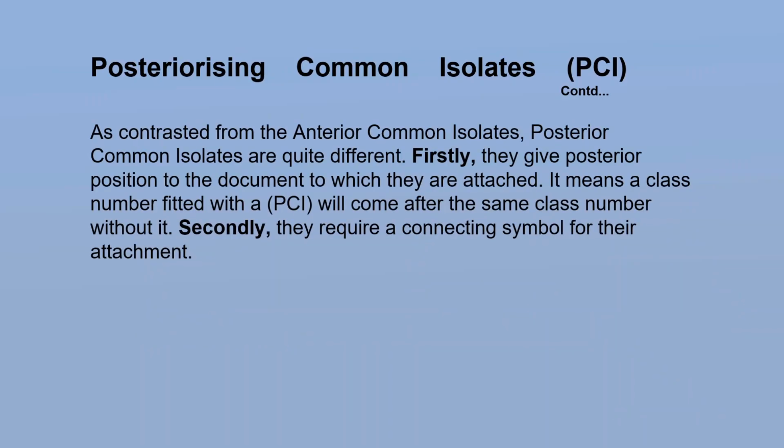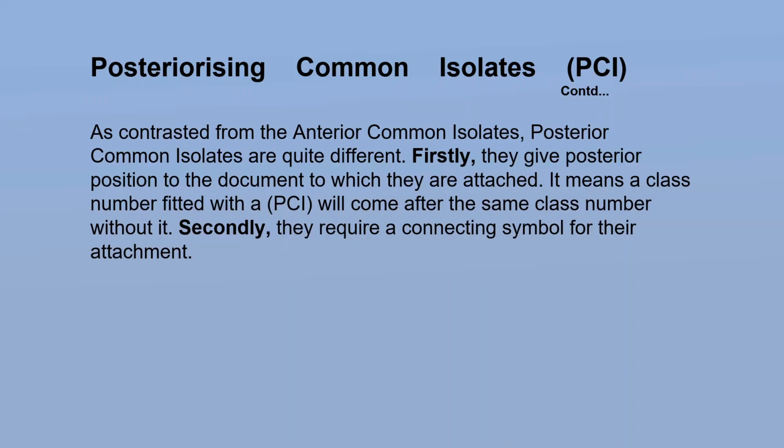Now we move on to posteriorizing common isolate. As contrasted from the anteriorizing common isolates, posteriorizing common isolates are quite different. Firstly, they give posterior position to the document to which they are attached. It means a class number fitted with a posteriorizing common isolate will come after the same class number without it.